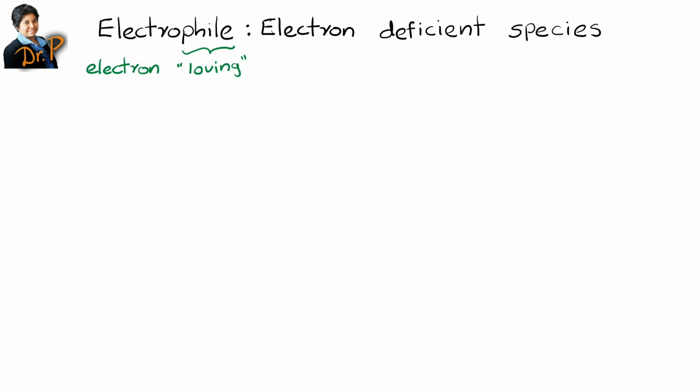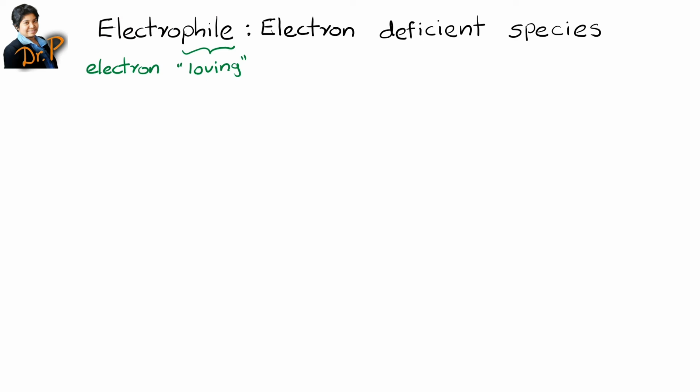Then think about the general concepts you know about charges. Opposite charges attract. If electrophiles are attracted towards negative charges or electrons, that means the electrophile itself should be electron deficient, or this electrophile should carry a positive charge.